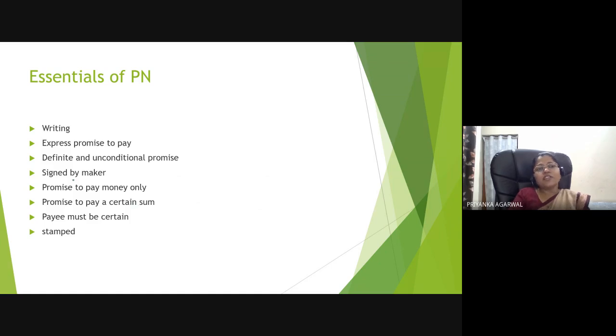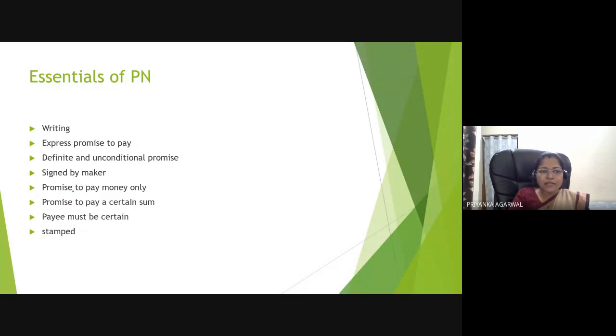So from this definition, we understand that it should be in writing. The express promise to pay should be there. Only an acknowledgement of debt will not be enough. It should be a definite and unconditional promise, signed by the maker, to pay money only. So if it is mentioned that I will pay you certain goods or a certain amount of kg of rice, that will not be a promissory note.